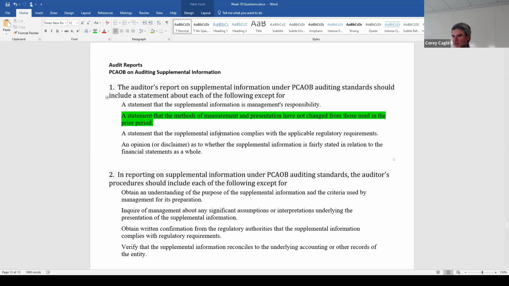They wouldn't give us a question that said, oh, no, you don't have to do that, right? And then D is an opinion or disclaimer as to whether it's fairly stated in relation to the financial statements as a whole. We know that's something we'll do. So we really would be between B and C. And based on our knowledge about reporting or not reporting about anything about consistency of financial statements, we should land on B.